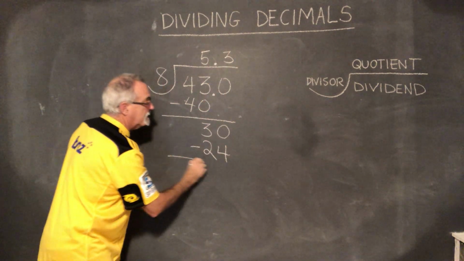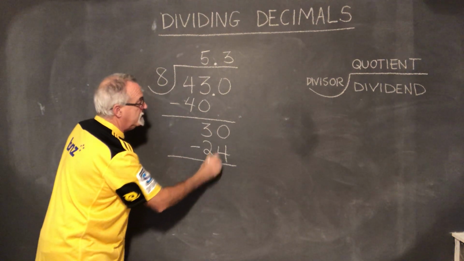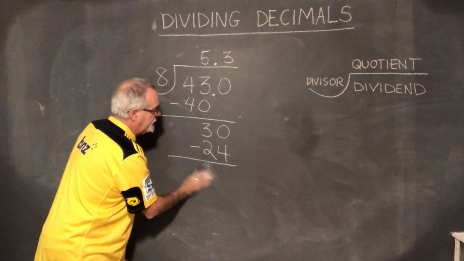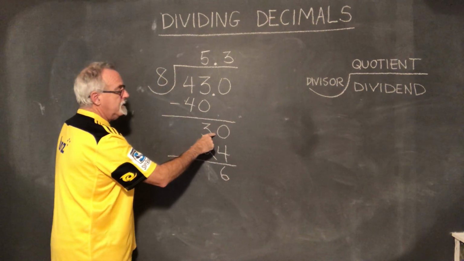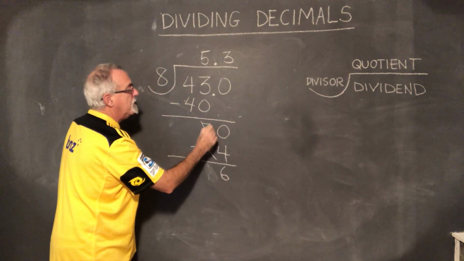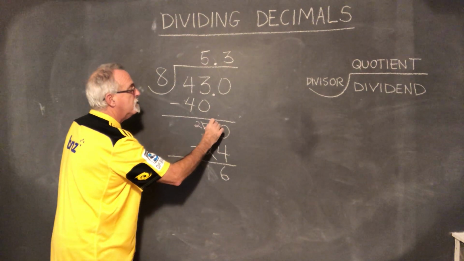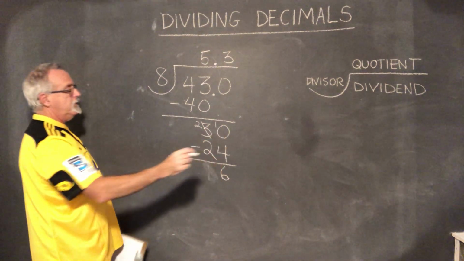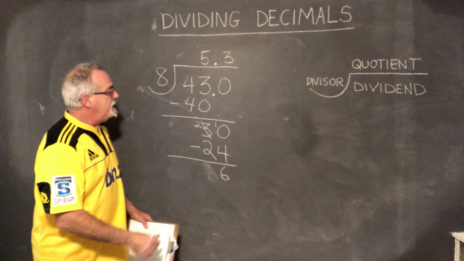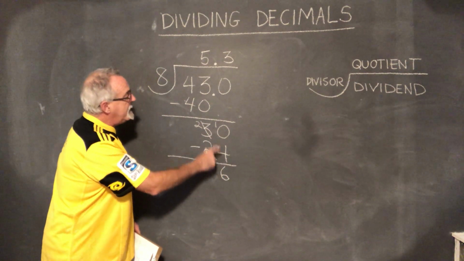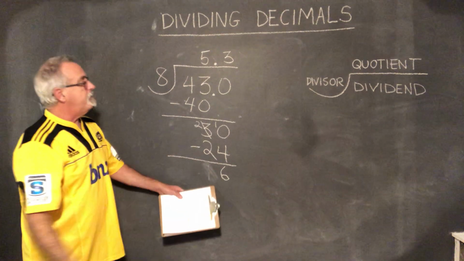I subtract. 10 minus 4 is 6, and I did that by borrowing a 1 from the 3, which turned the 3 into a 2, and therefore I have a 10. Then 2 minus 2 cancels, so I just have a 6.